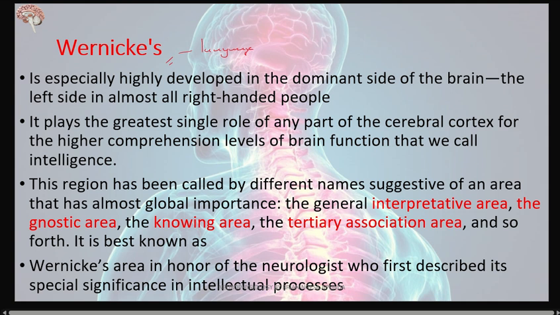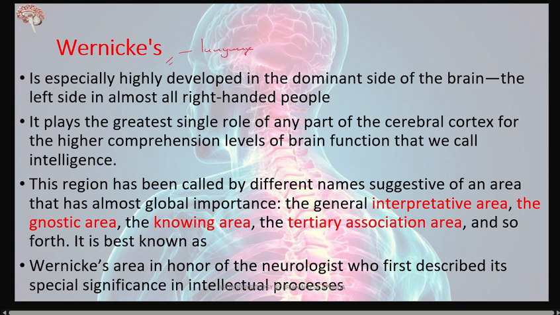So if you are right-handed, much of your Wernicke's development is likely on the left side. It follows just the rule of dominancy. It is especially highly developed in the dominant side of the brain, the left side in almost all right-handed people, and we'll have the vice versa for left-handed people.